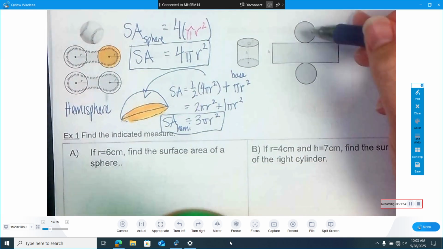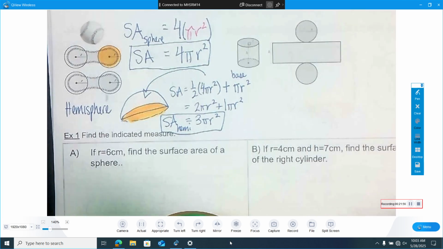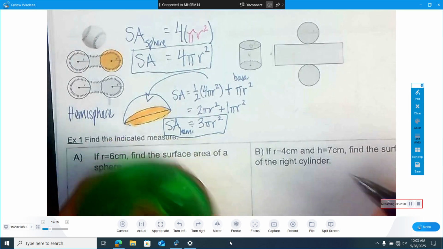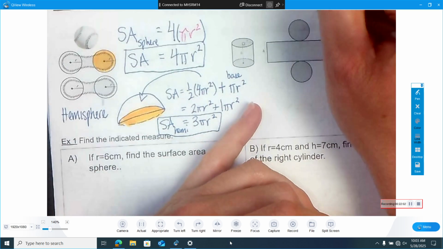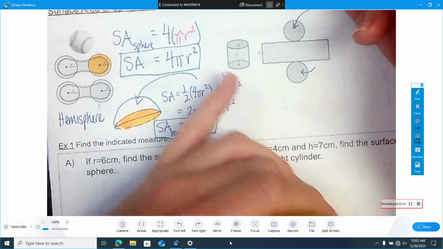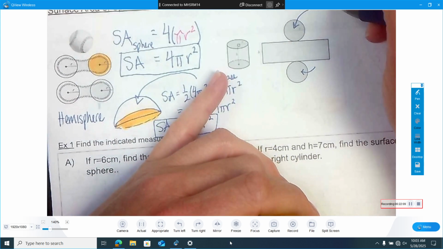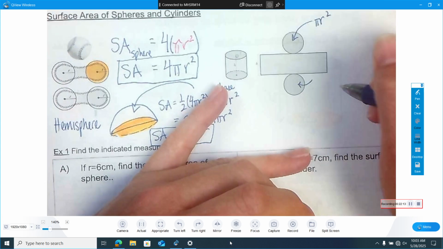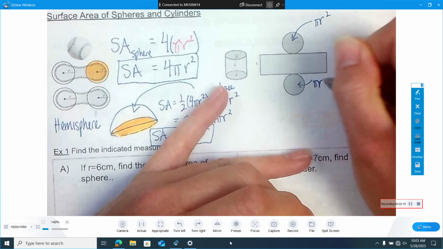It has a top and a bottom. What shape are the top and the bottom? Circles, okay. And so we know the area of these circles. What is the area of each of those? Yeah, it's pi r squared, and pi r squared. So there are 2 of them.